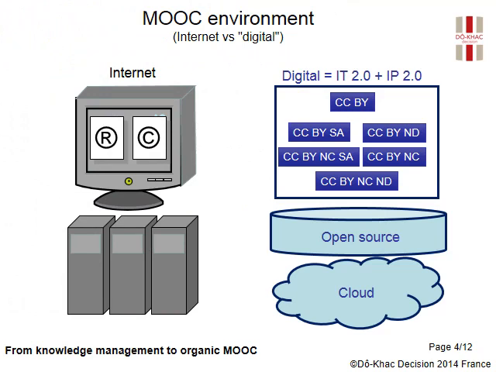But what is online? 10 years ago, online meant internet. Today, online means digital, whereas digital is IT 2.0 plus IP 2.0. IP stands for intellectual property, and 2.0 says that the usage has been renewed.